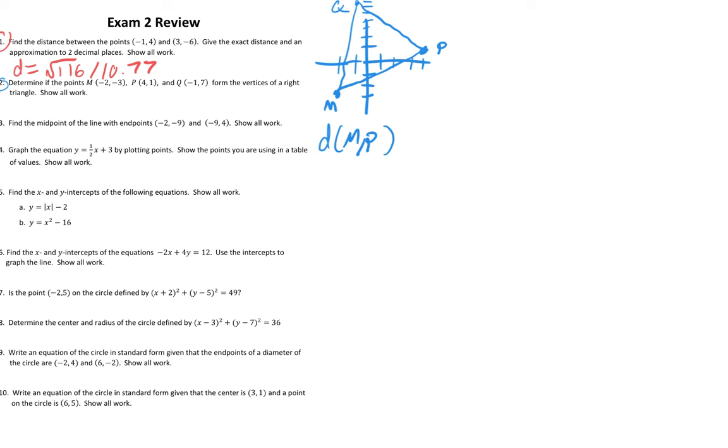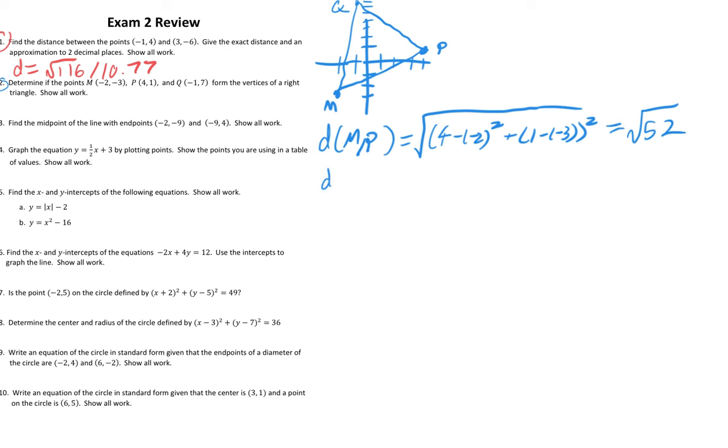So that means we're going to have d equals the square root of (4 minus -2) squared plus (1 minus -3) squared. That's going to leave us with the square root of 52.